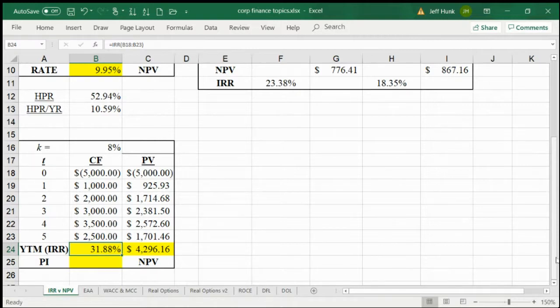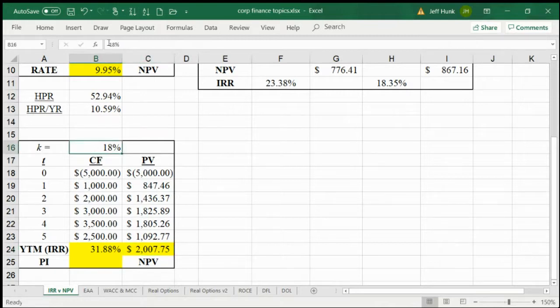And is there any reason why you wouldn't accept this project? No, definitely. Okay, but suppose the cost of capital is much higher, like 18%, try 18%. Still, of course, internal rate of return is, of course, present value is still significantly positive.